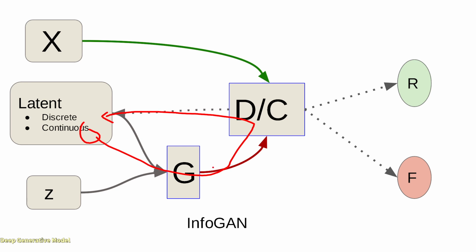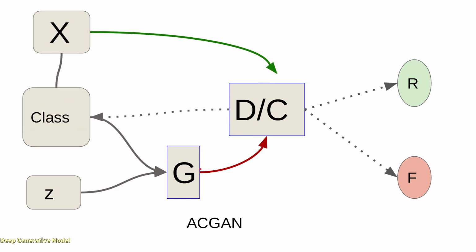So it makes sure this information is important for the image and we are not ignoring it. That's the original idea of what InfoGAN is trying to do.